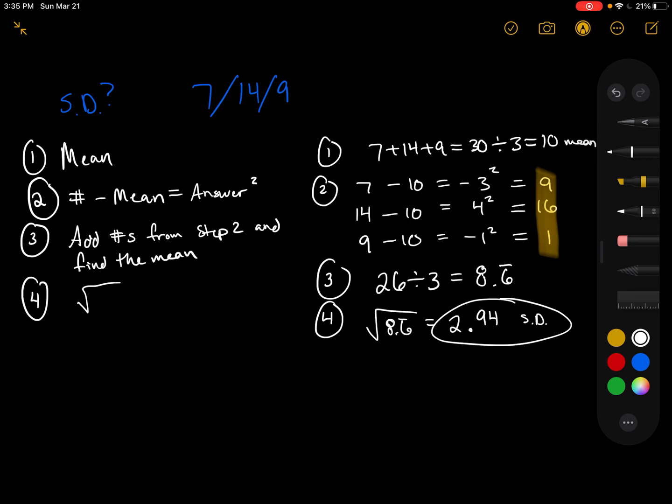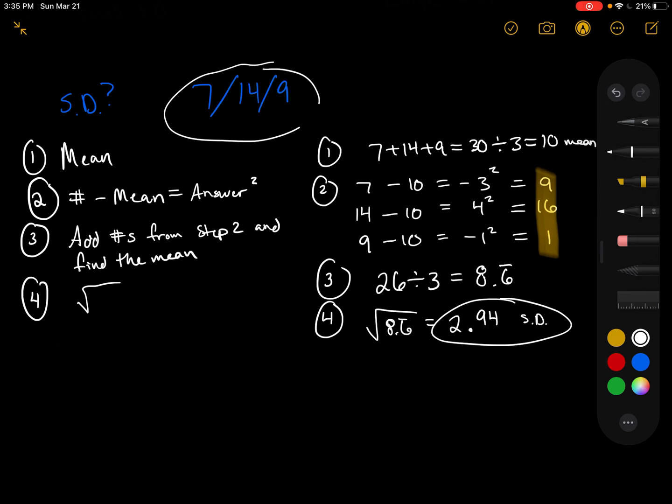And finally, what does it mean to have a standard deviation of just under 3? Well, it means that on average, the numbers that we see here are about 3 or less from each other. Now, it's obviously not perfectly the case, but we would guess that if we added an additional number into this data set, it would be somewhere in the range of 3 of the center. So our mean here is about 10 of the original data set in blue, and we're guessing that all of these numbers are pretty close to 3 from the center, either way.